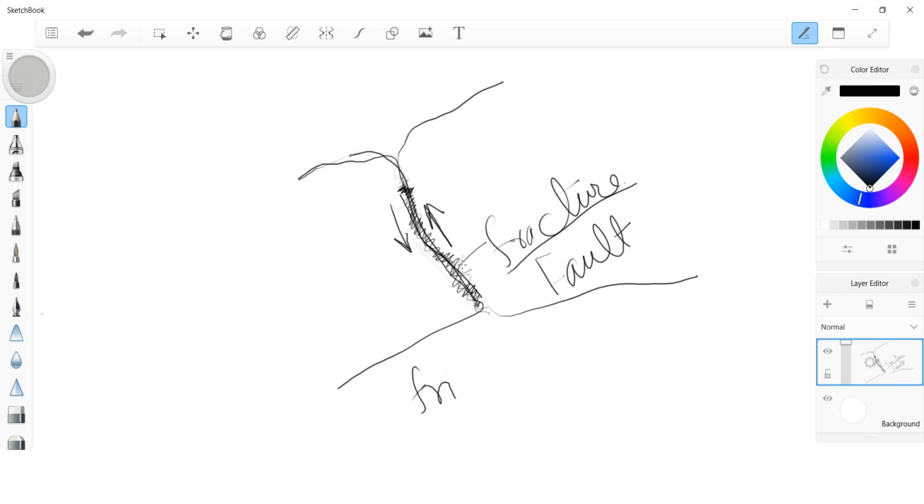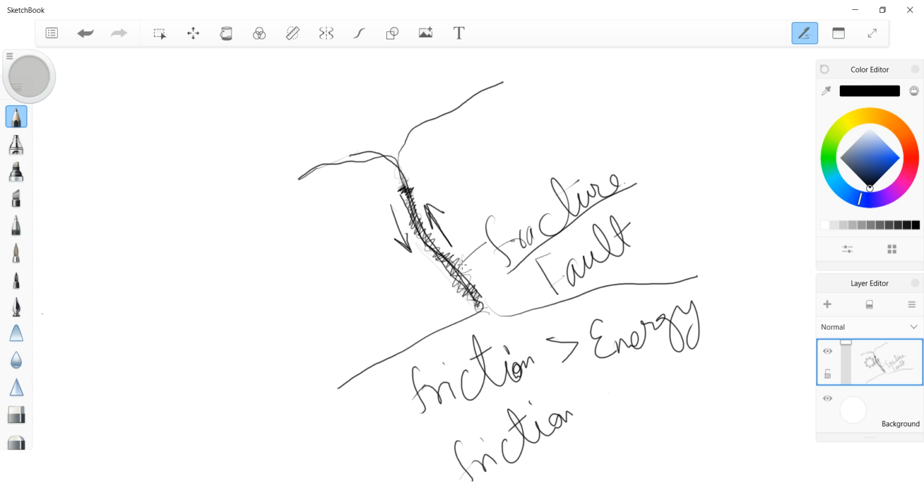So this friction is greater than the energy stored, right? And when this friction becomes smaller than the energy, that will lead to an earthquake event, right?